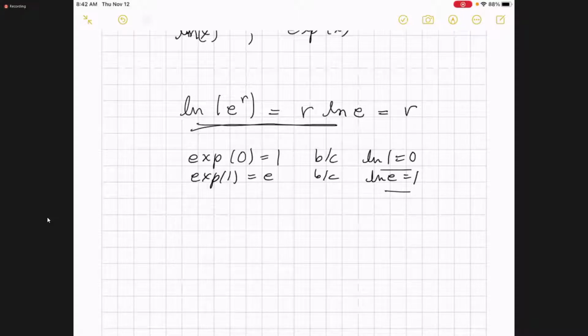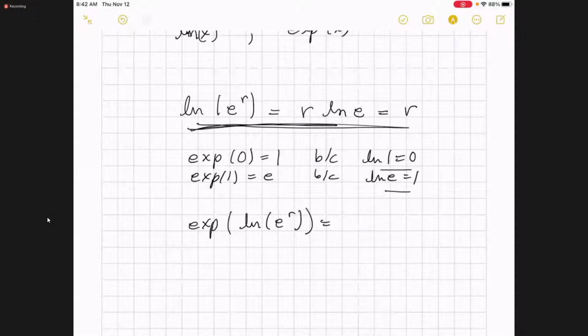So what that means is that, okay, if I look at this line and I apply the exp function to this and to this, but okay, now I did the natural log, and then I did the exponential function.